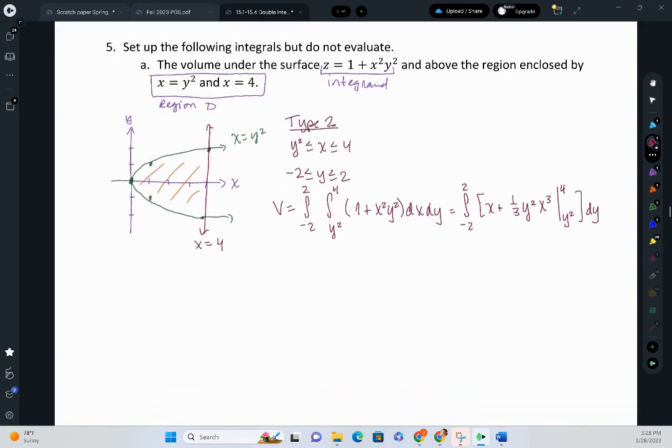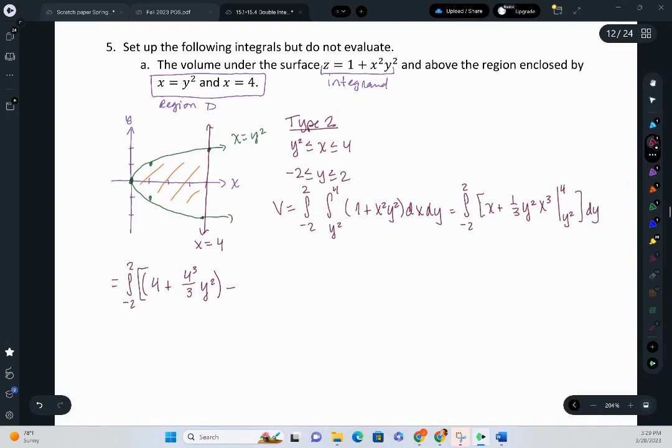Okay, going on. This is going to equal the integral from -2 to 2. Now I evaluate at 4. I get 4 plus 1/3 y squared x cubed, 4 cubed, I'll write that over 3 y squared. Okay, so that's my first evaluation.